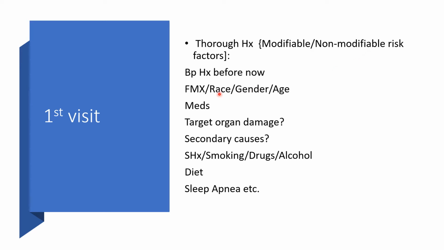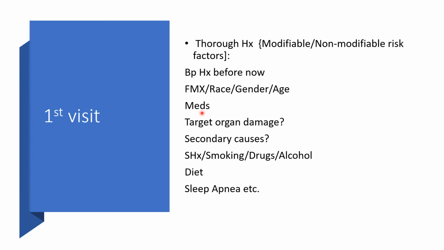Of course, we will know the race by mere looking. We should know the gender, but we should ask the gender at birth and the gender the individual has chosen now, and whatever has transpired in between. The age, we'll find out from the bio data, and we can ask the patient to furnish that.